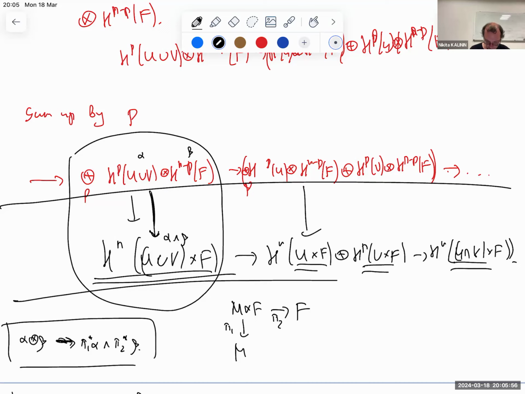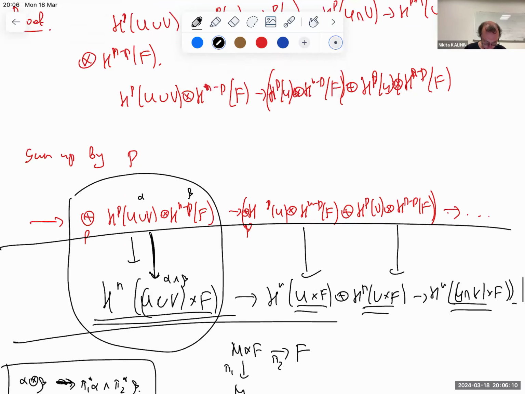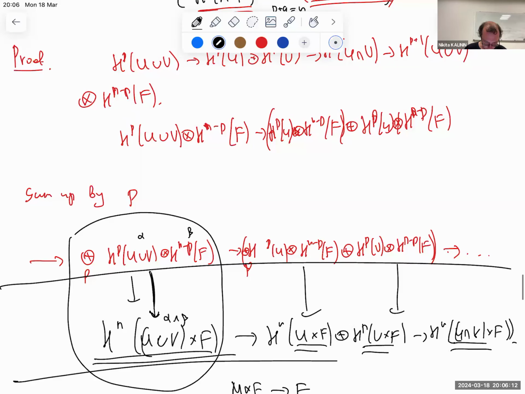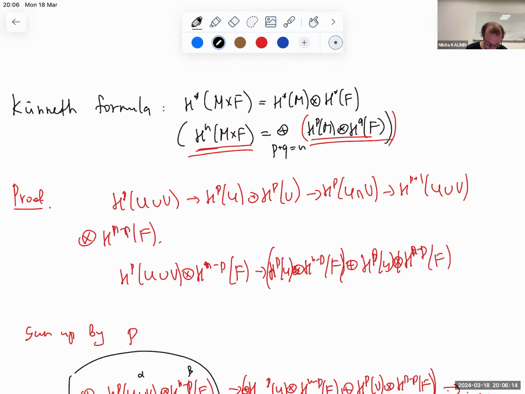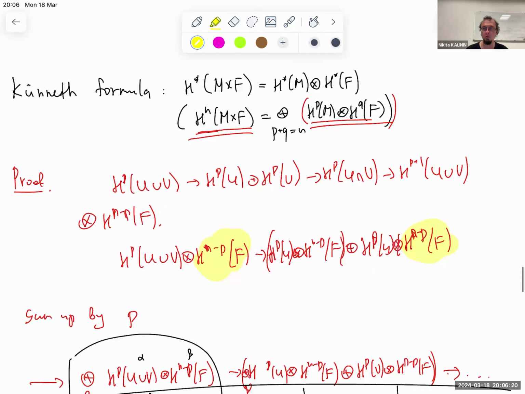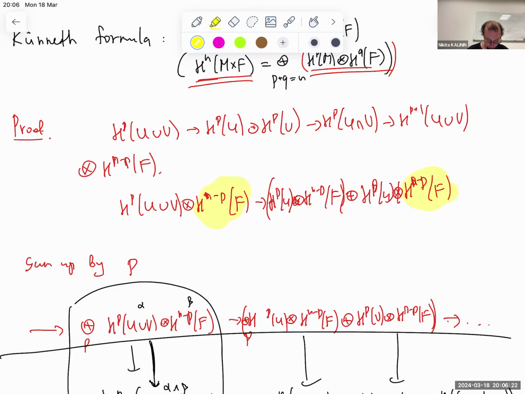And that's the same map everywhere, and you need to show that it commutes with the differential. Well, how to show that it commutes with the differential? Well, how is the differential defined, first of all? Here you see that if you look at the definition above, we everywhere have multiplied by the cohomology of F. So on this part, the cohomology of F, the differential is defined as 0. Right?